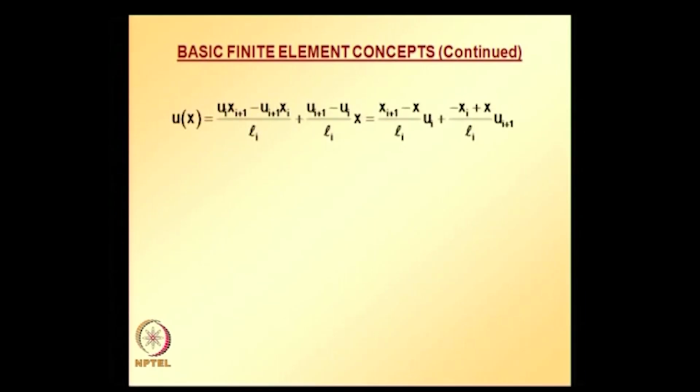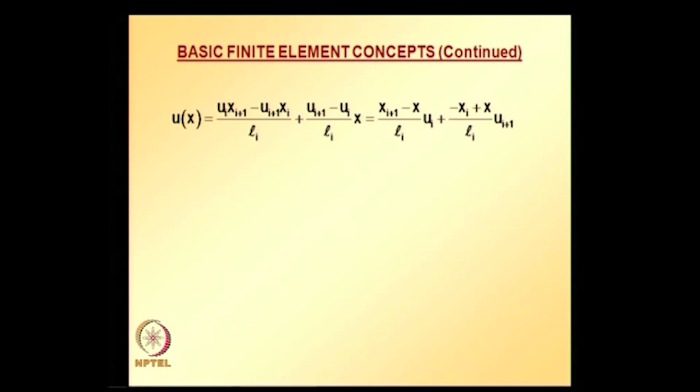So, first step is you substitute a naught and a1 into the linear trial solution, and the second step is you group terms having ui as coefficient and ui plus 1 as coefficient separately.